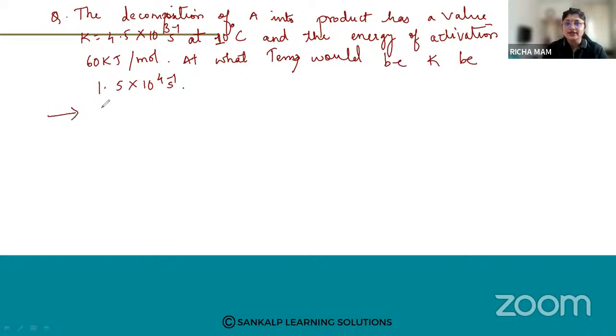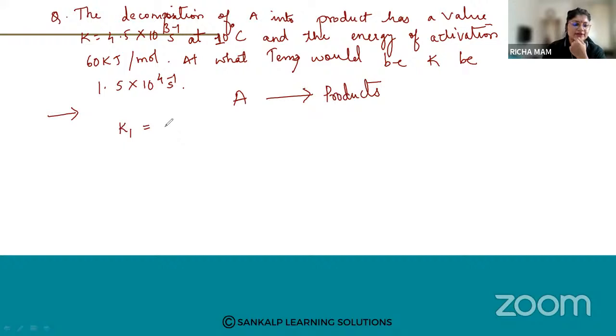So what is given here? There is a decomposition. Reactants react with each other and give you product, so a reaction is occurring. The rate constant of that particular reaction is given, so that is K1.